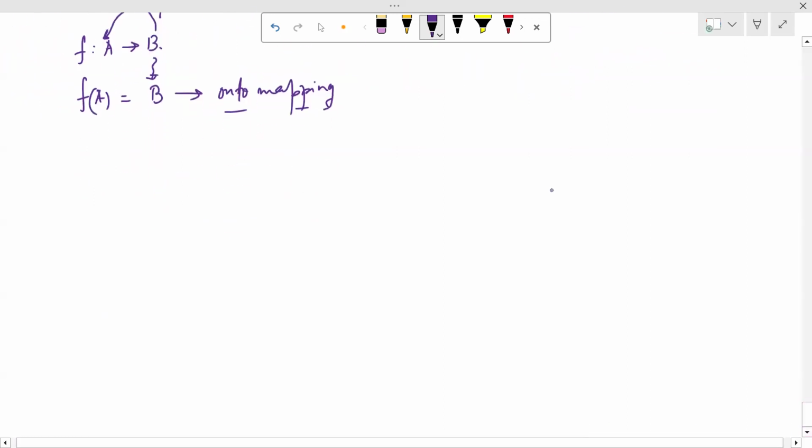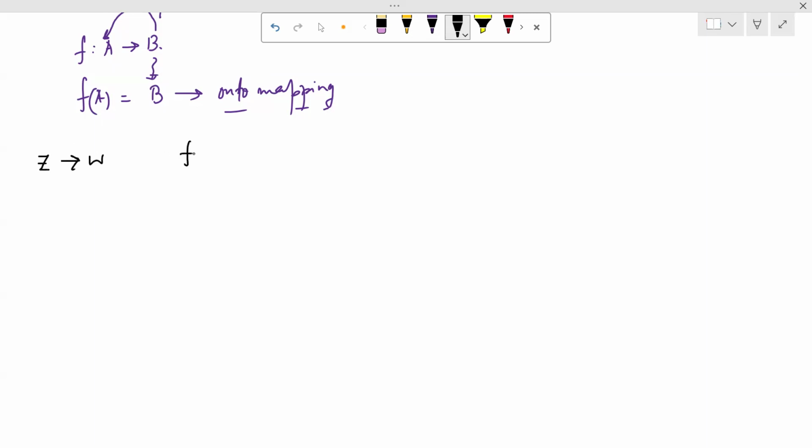Now, let us see another thing. What is inverse? How would we define inverse? We know that we are mapping a function from Z to W, that implies f(z) is equal to w. Then we can also write that z is nothing but f inverse of w.